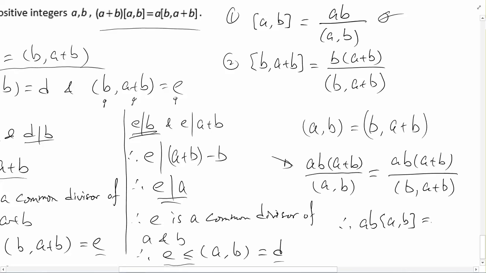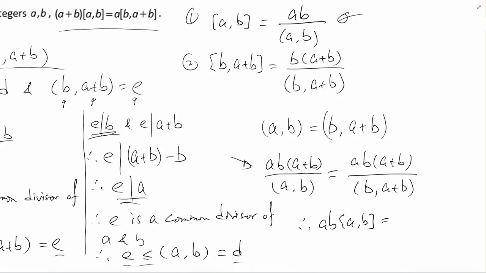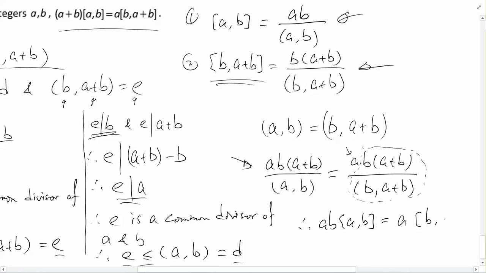And on the right hand side, from this equation, we have b times a plus b divided by the greatest common divisor of b and a plus b, which is equal to this number. There is an a here, right? So we have a times the least common multiple of b and a plus b. Okay, we have the identity.